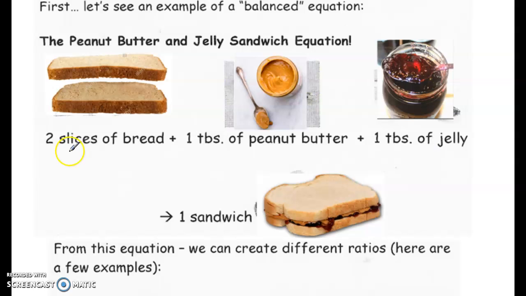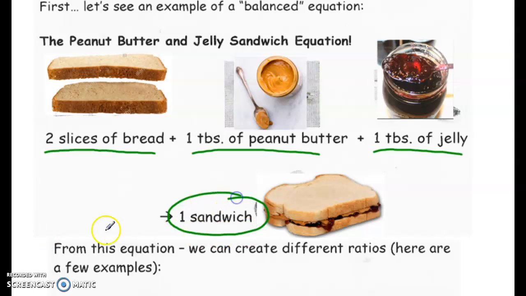Okay, so let's take a look at our reactants. We need 2 slices of bread for every 1 tablespoon of peanut butter and 1 tablespoon of jelly to make 1 product. The product is a sandwich. Now, when you're looking at a chemical equation, these are our coefficients, right?